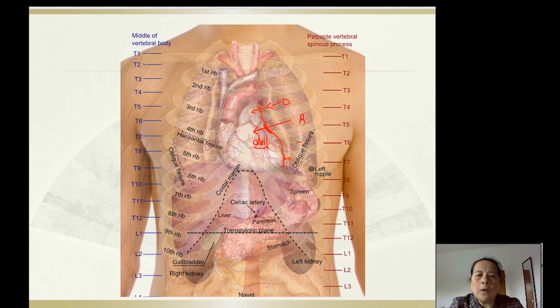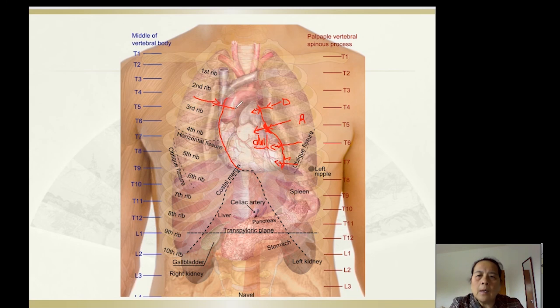Then we follow the other rib. Then I will find how big the heart is on this side. Then I go to the other side and do the same thing, moving my finger from the side toward the center.